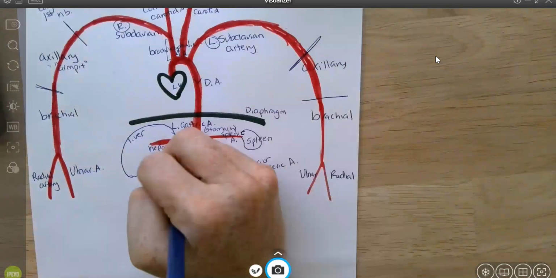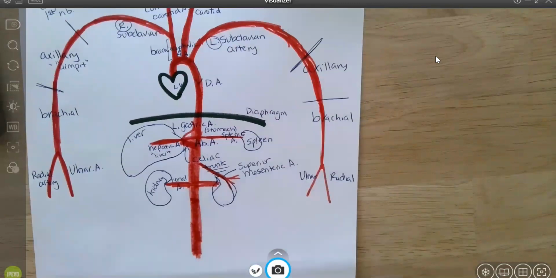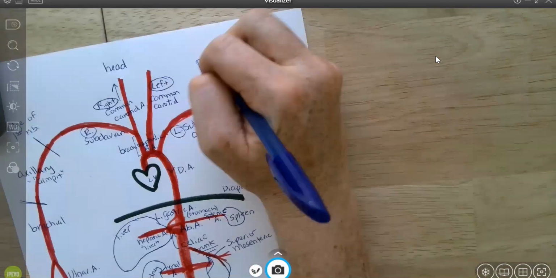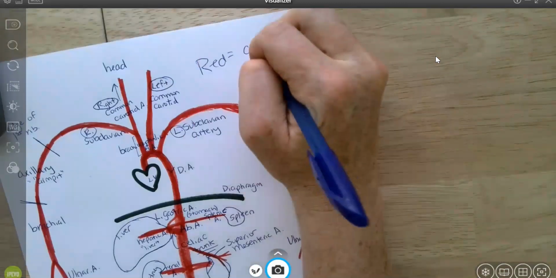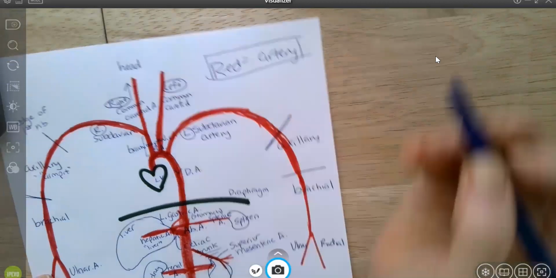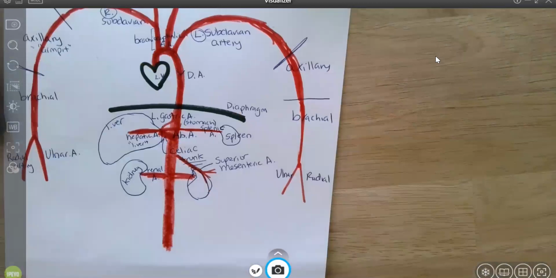Those are going to be the renal arteries. Okay, so again, red, that's important. I'll write that down. If it's red, that's an artery. The only exception is the pulmonary arteries.